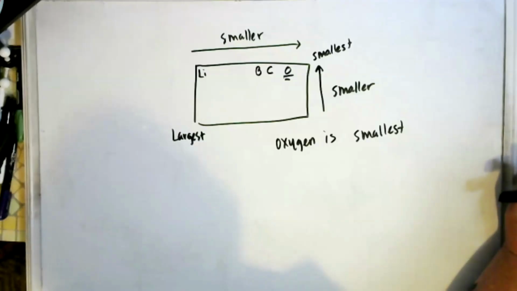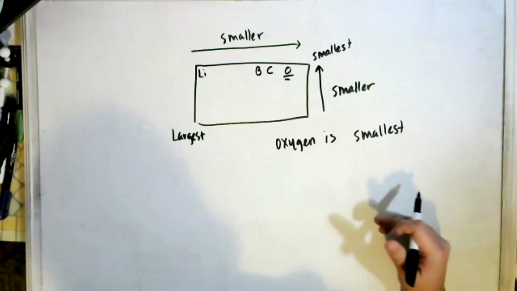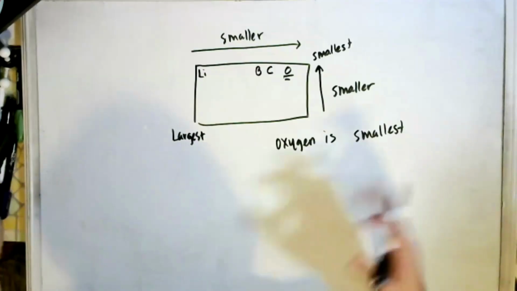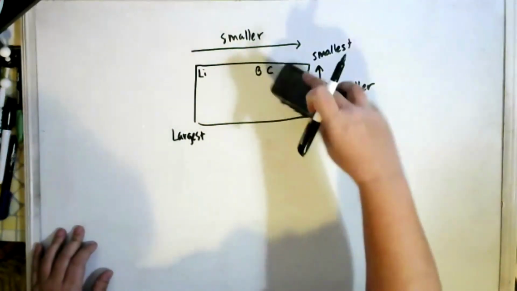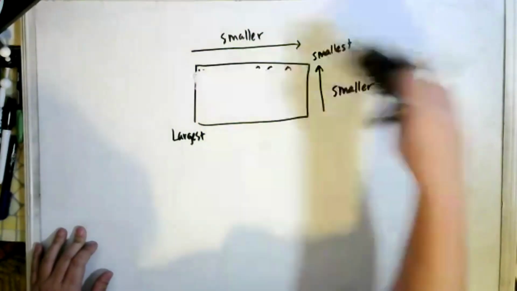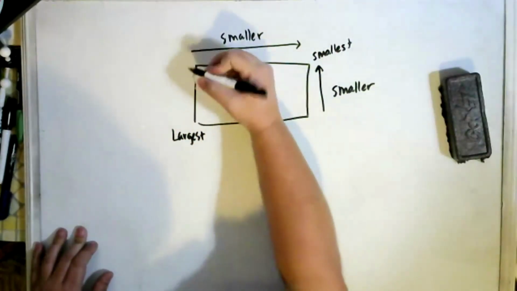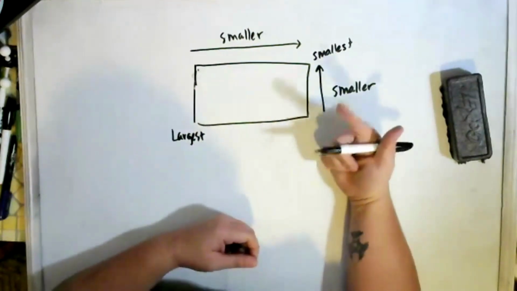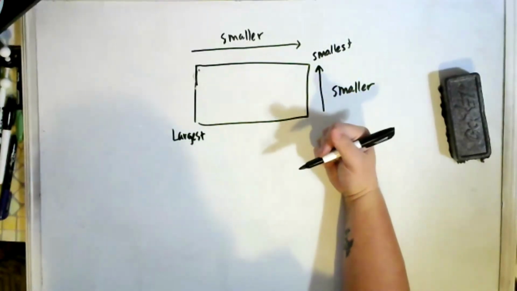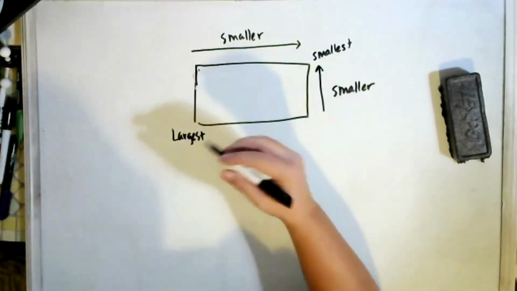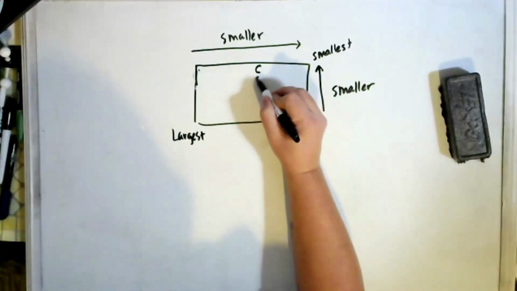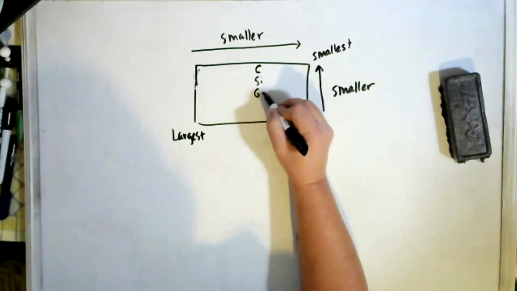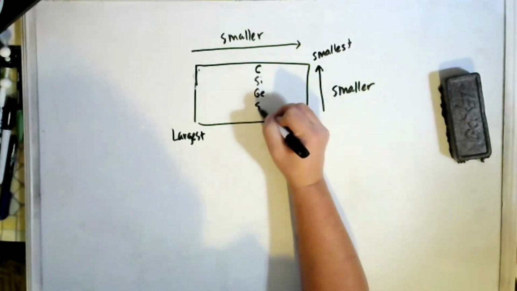The following question, number 17, says, which of the following elements has the largest atomic radius? It's a spin off of the same type of question, but the elements they give us to look at are different. Here they're telling us carbon, silicon, germanium, and tin, which are all in the same column. Carbon's up top, then silicon, then germanium, then tin.